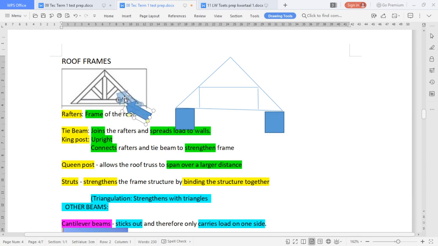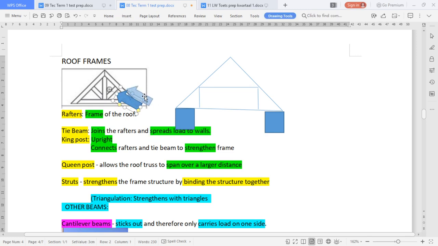Let's have a look at this truss here. If this truss and this truss are not equal, then the one carries more weight than the other one, and then the one carrying the bigger load will break.